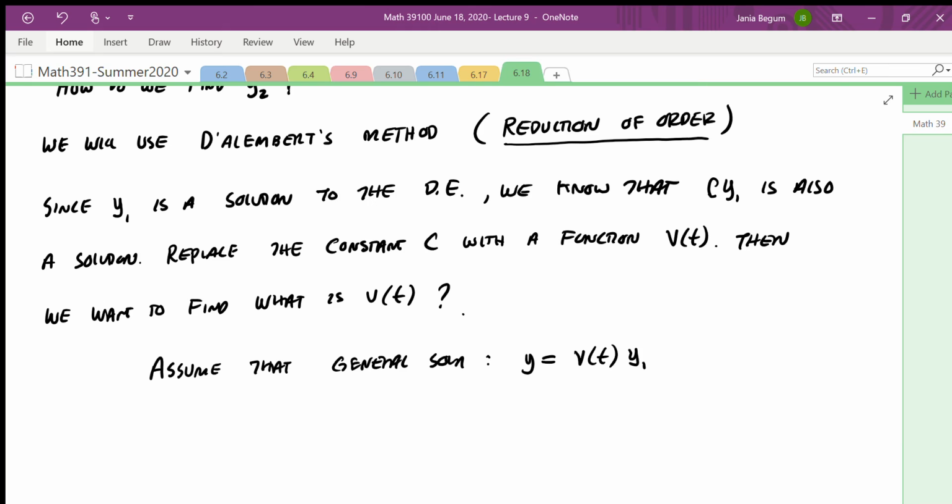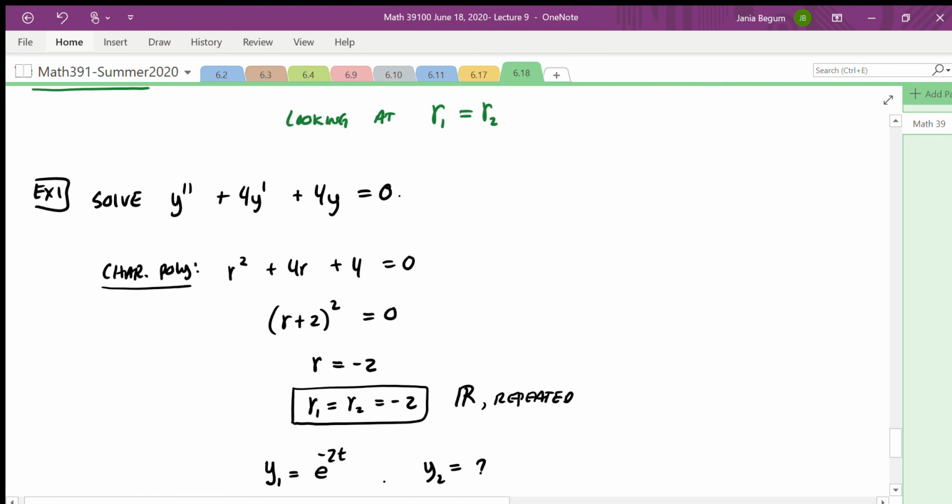So we just need to find v of t, and then that will give us the answer to our big question. Let's proceed to the method. If the general solution is v times y1, I have to compute its first derivative and second derivative, and plug them into the original equation, right? So that's what we're going to do.